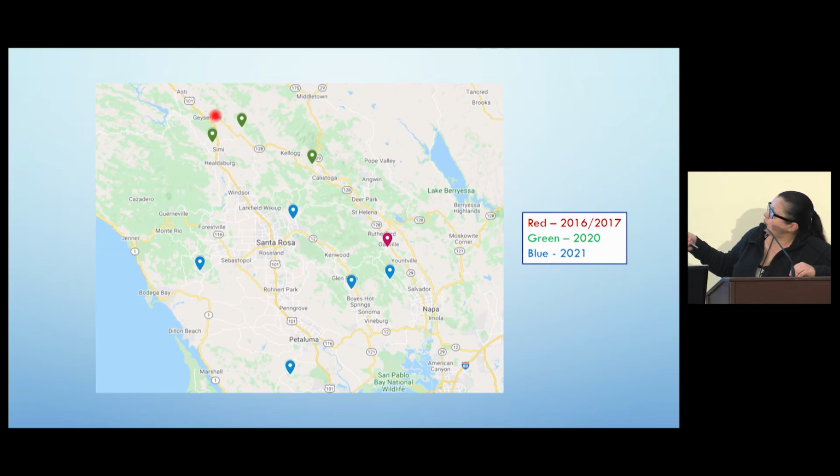In 2020, we took 3 vineyard sites in Healdsburg, Calistoga, and Geyserville, and we sampled to see if we could use this model and whether it would predict the ideal time frame of first generation emergence. In 2021, we chose 5 other wine region sites that you see here in blue.